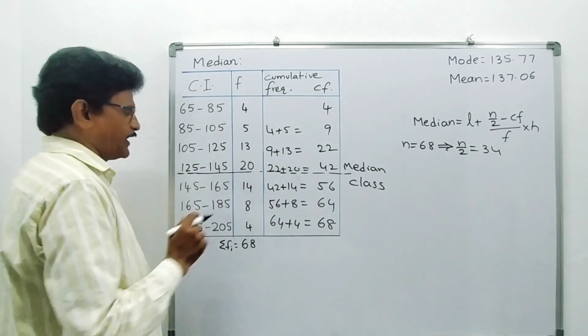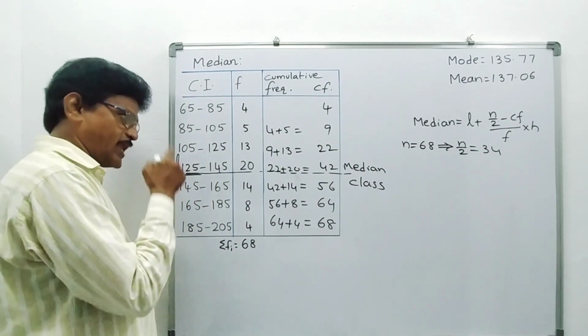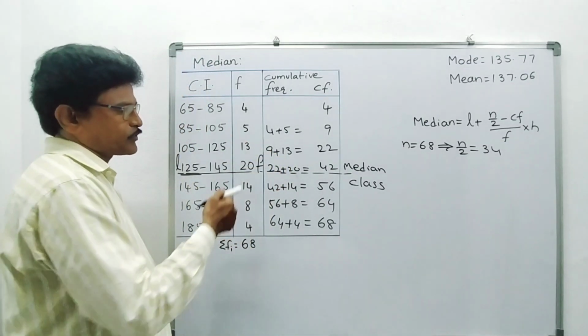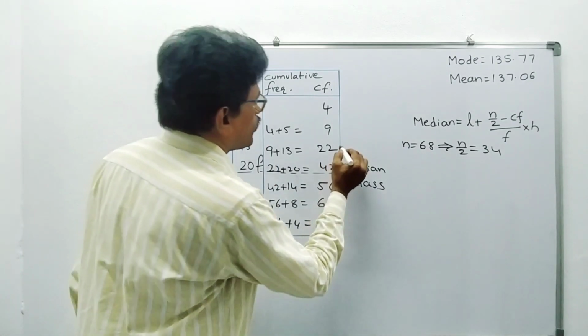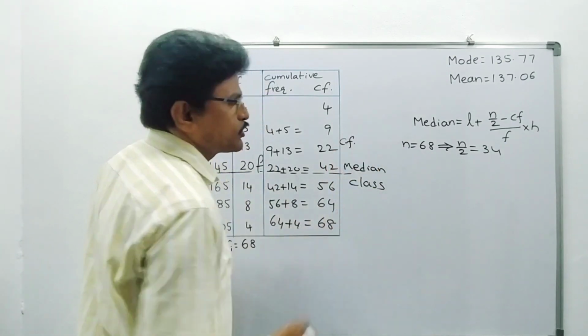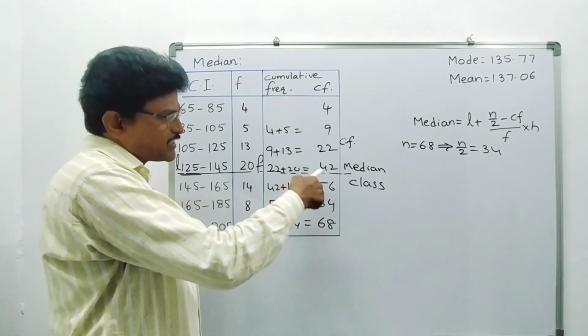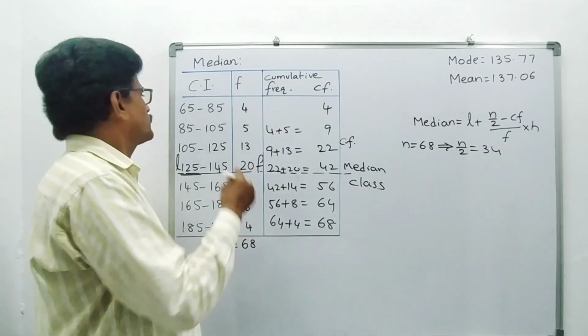In this median class, this one is the lower limit. So 125, it is L. And 20, this is the median class frequency. Okay. Frequency of the median class is 20. Now this 22 is CF. It means what? This is the cumulative frequency preceding the median class. Okay? Now H is what?